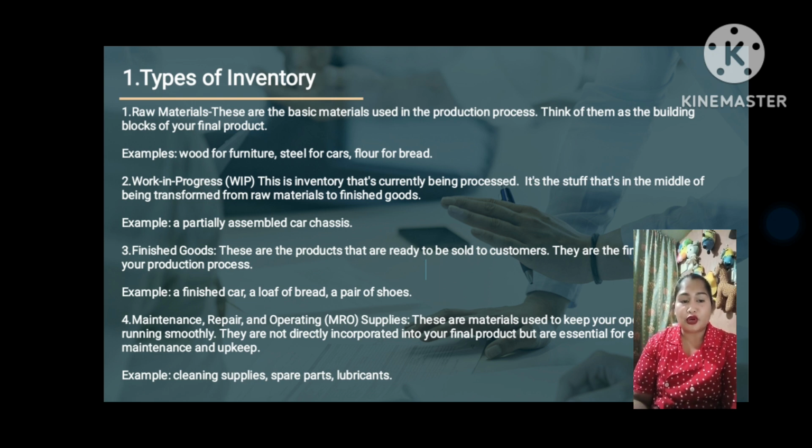So for number four, maintenance, repair, and operating supplies. These are materials used to keep our operation running smoothly. They are not directly incorporated into the finished product, but are essential for equipment maintenance and upkeep.